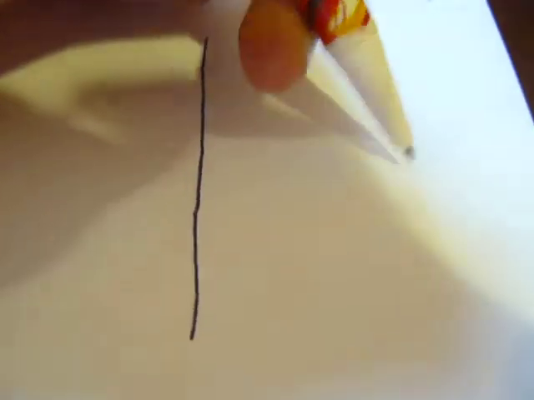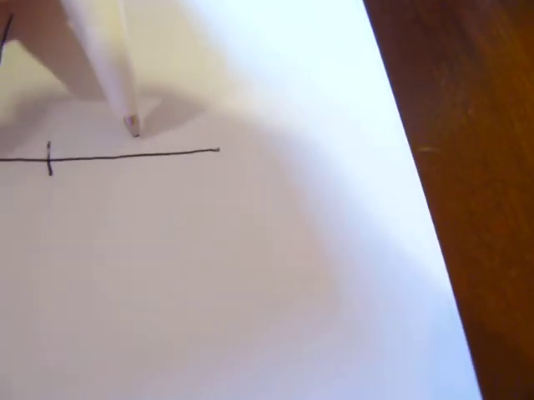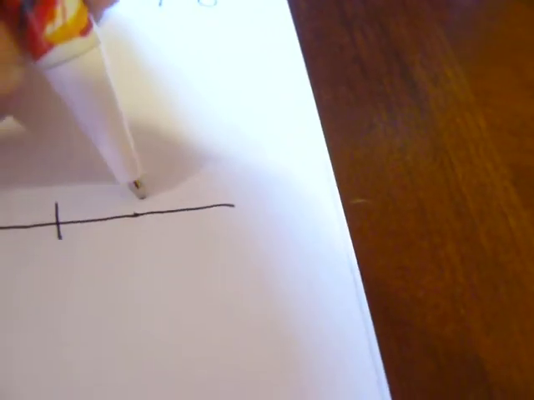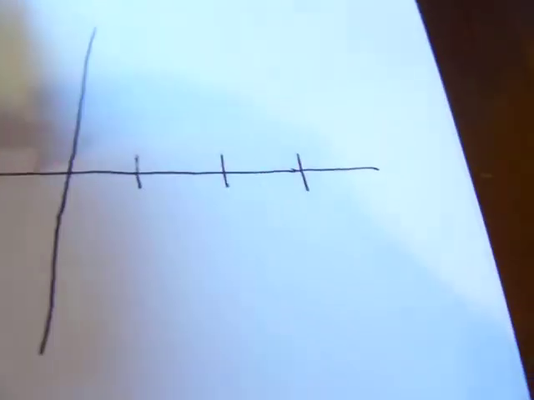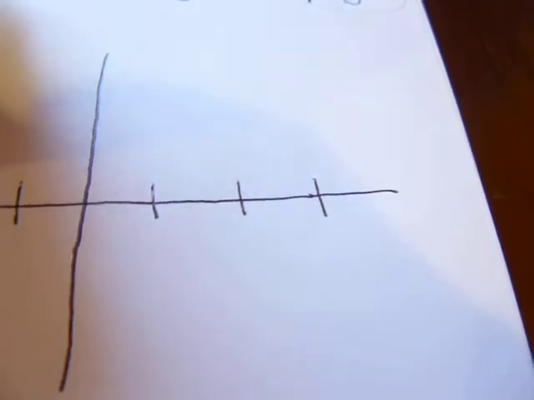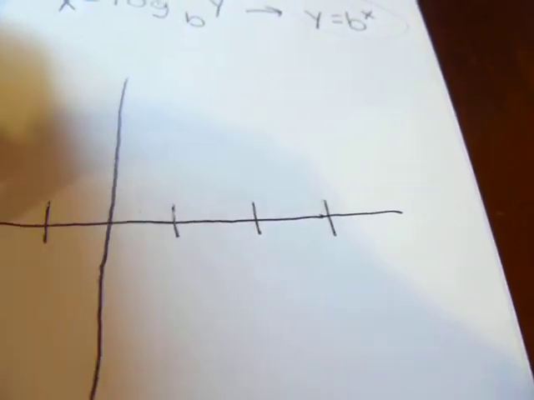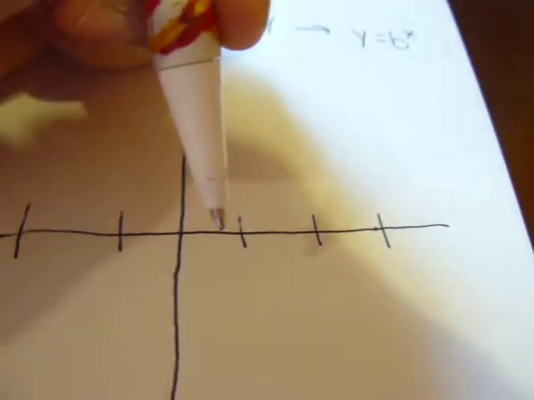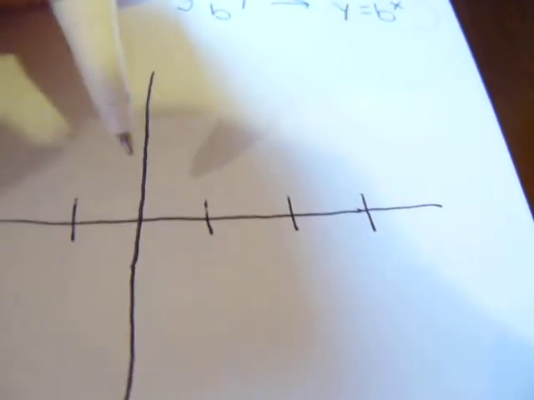When making your graph, you can set it up whichever way you would like. I'm setting mine up by going by 2's on the x-axis and 1's on the y-axis.